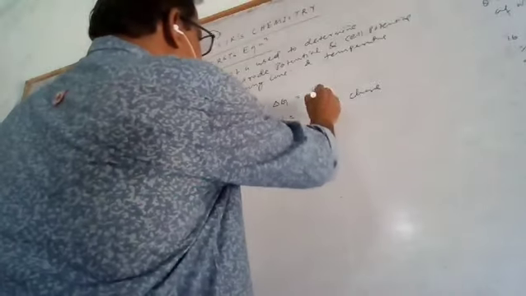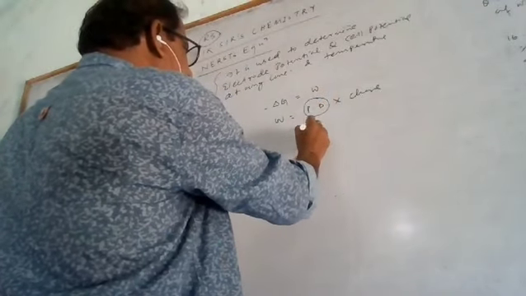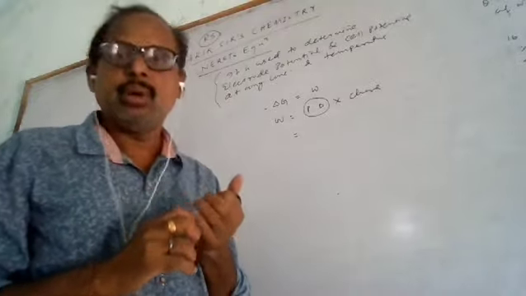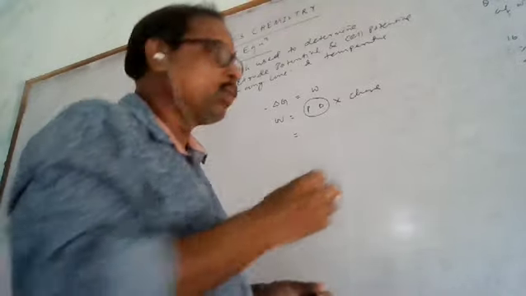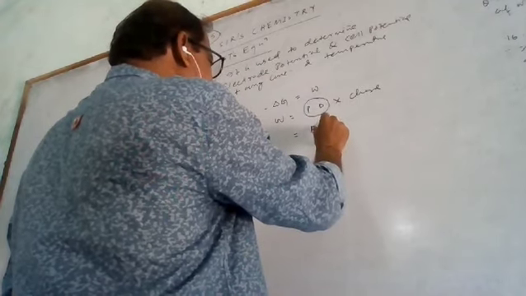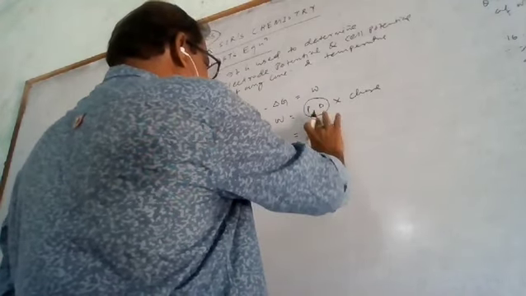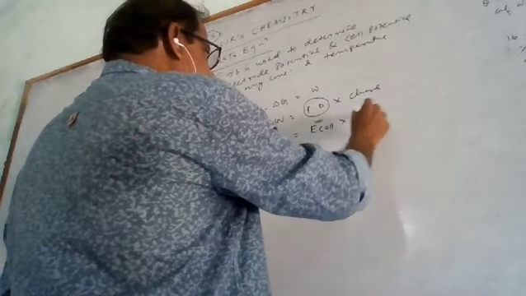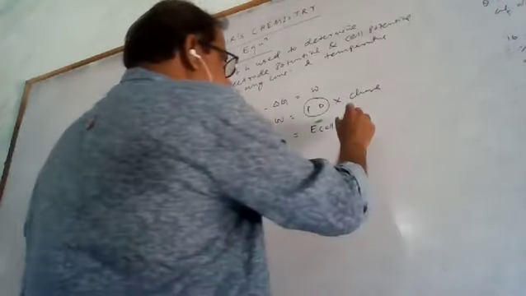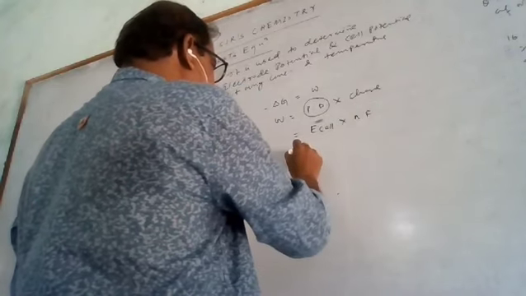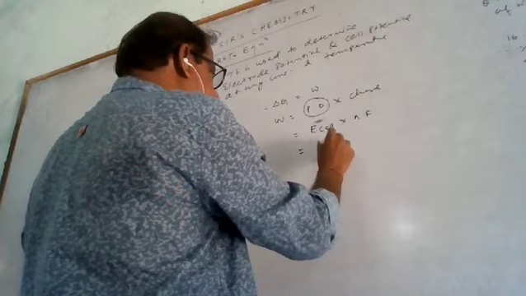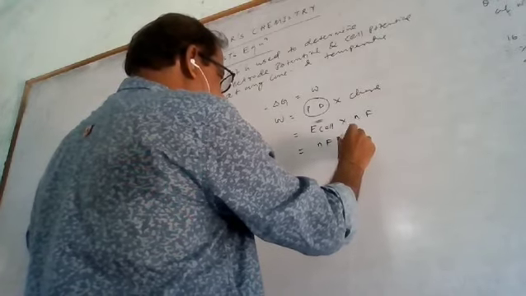The potential difference, as I told, the EMF is nothing but the potential difference, but E cell is equal to the potential difference. So the potential difference is E cell, and the unit of charge is the Faraday, and the number of Faradays is nF. So that is nF E cell.